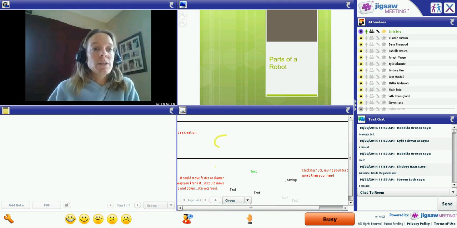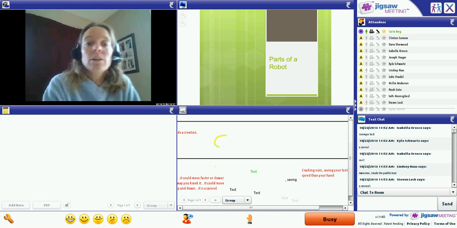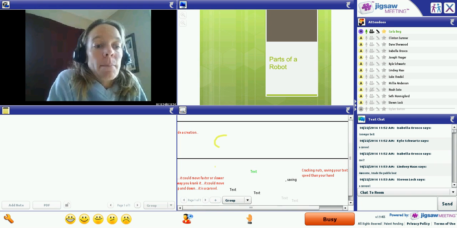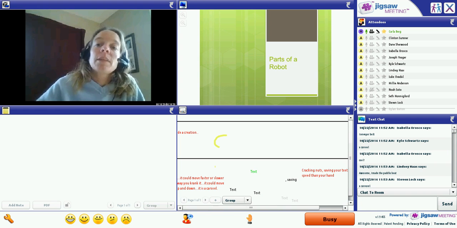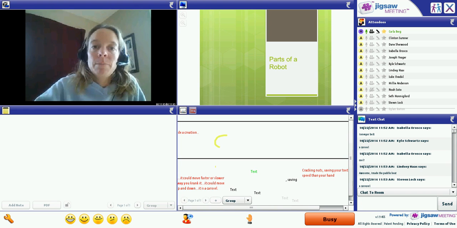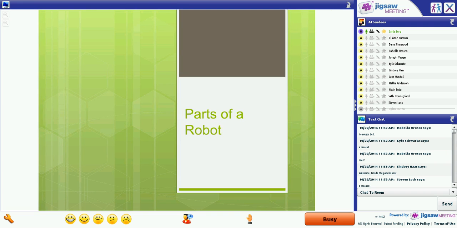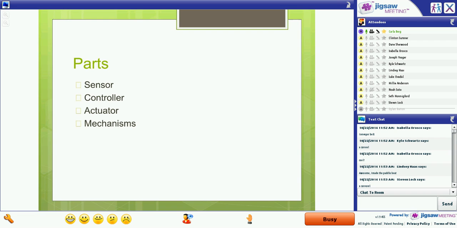But right now, we are going to take a look at the parts that make up a robot. So if you look at your PowerPoint screen, we have parts of a robot. There are 4 main parts that make up the most simple to the most complex robots.